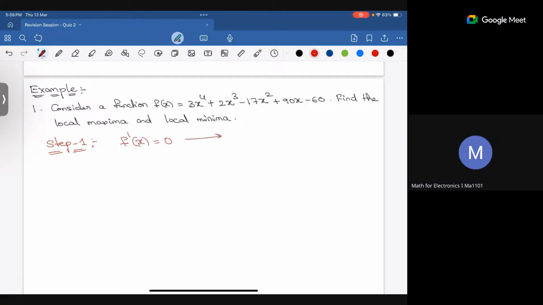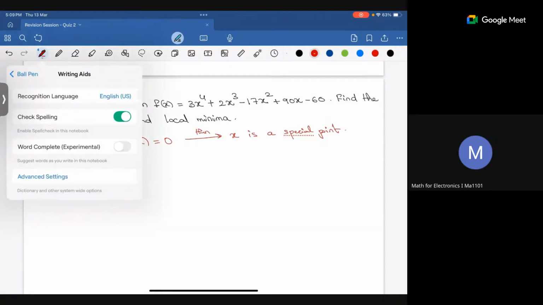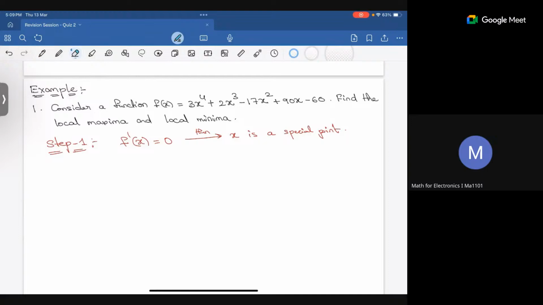Then I can say x is a special point. For all the x such that f prime of x is 0, they are special. So I have to solve for f prime of x equals 0.